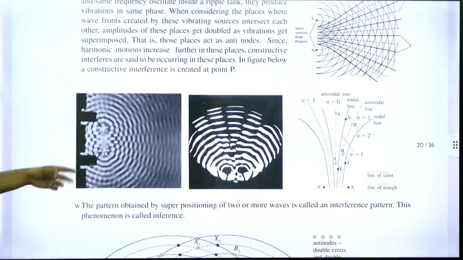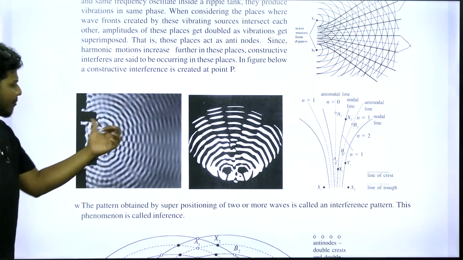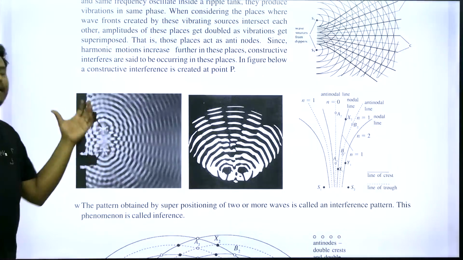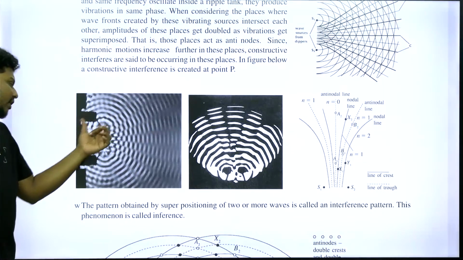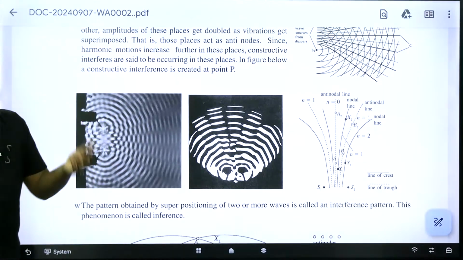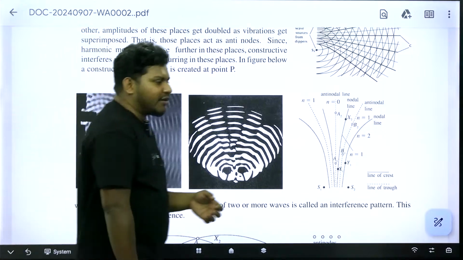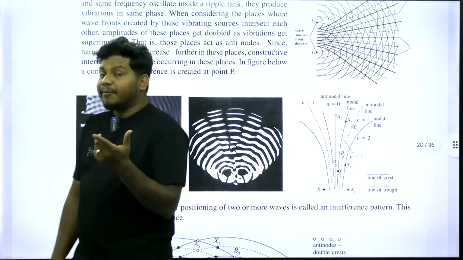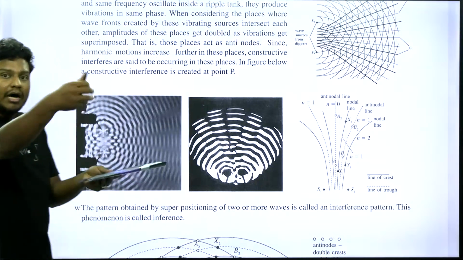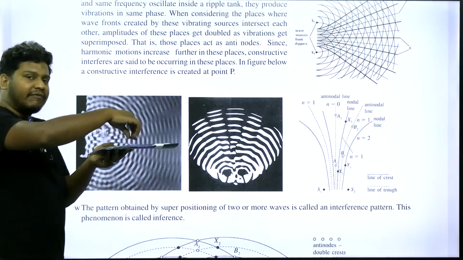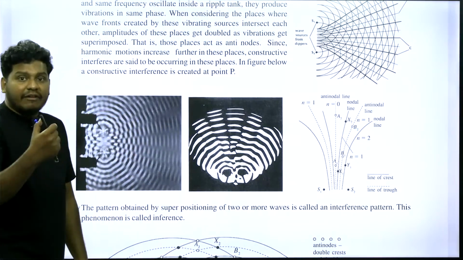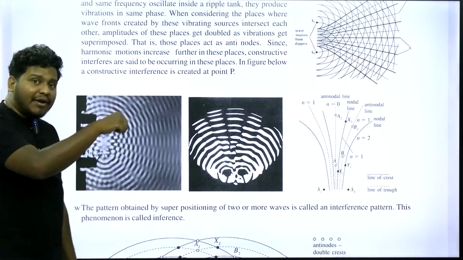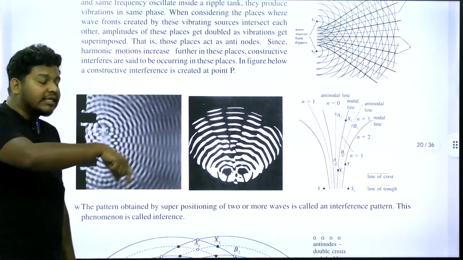When there are two vibrations in a ripple tank, we can place two spherical vibrators. We studied the types of vibrators in the ripple tank. One is like a bar, which creates parallel wavefronts, and the spherical vibrators create circular wavefronts.